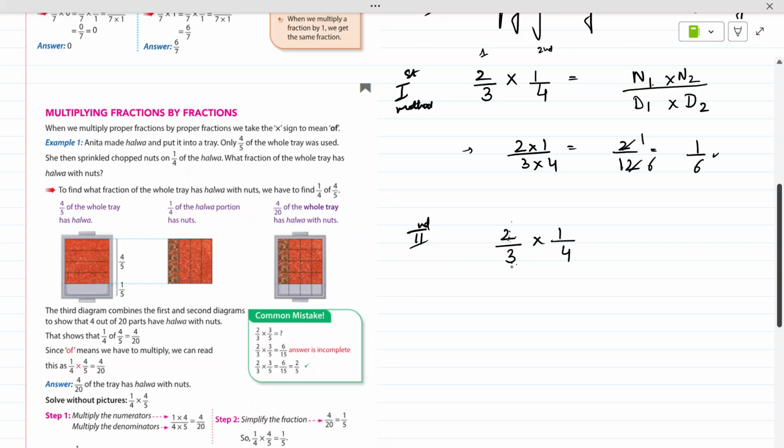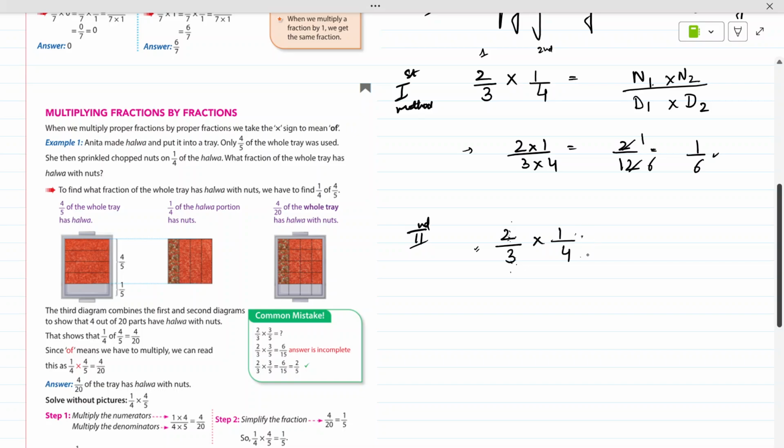So we can also solve this by seeing if we have any common factors between the numerators and the denominators. Okay, so we will start from the first fraction itself. Like how we have 2 by 3, we know that there is no common factor between 2 and 3. So we will leave it as is. Second, we will see the second fraction 1 by 4. There is no common factor between 1 and 4. So we will also leave it as is.